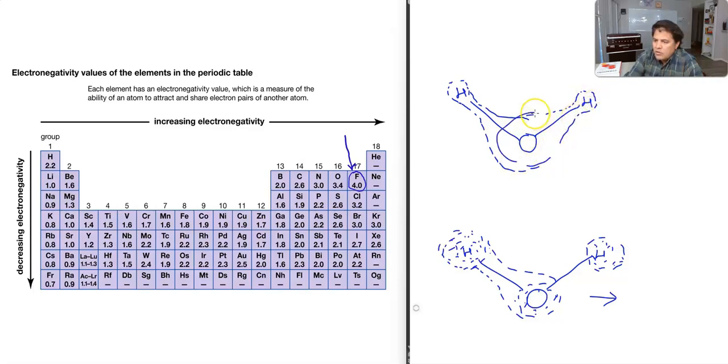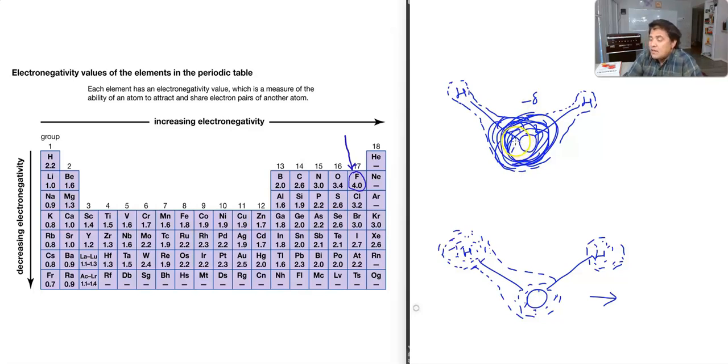So you see, most of the electron cloud is located here around the oxygen. In this situation, this place is partially negative, not 100% negative, but it has a negative character, a negative charge, and that is denoted by delta.